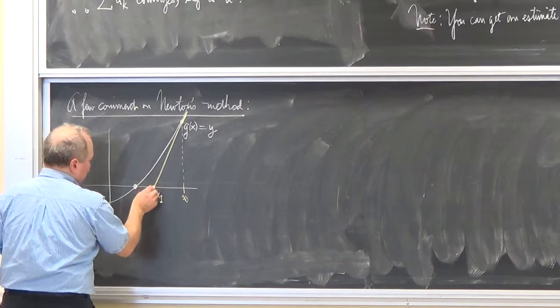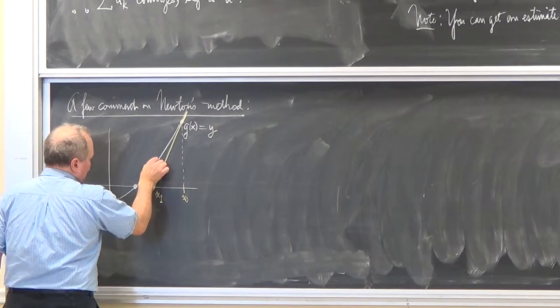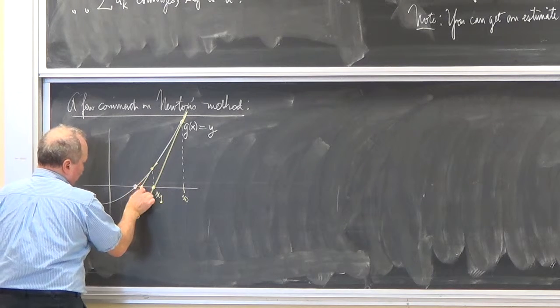You then iterate that procedure. So this would get you a new tangent line and a new point x sub 2.